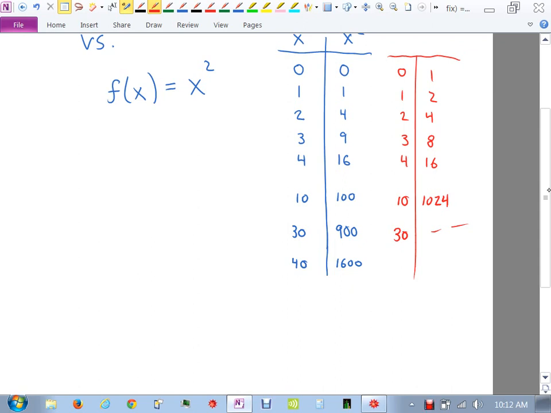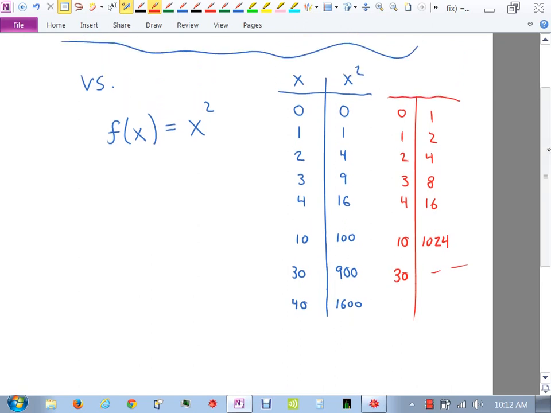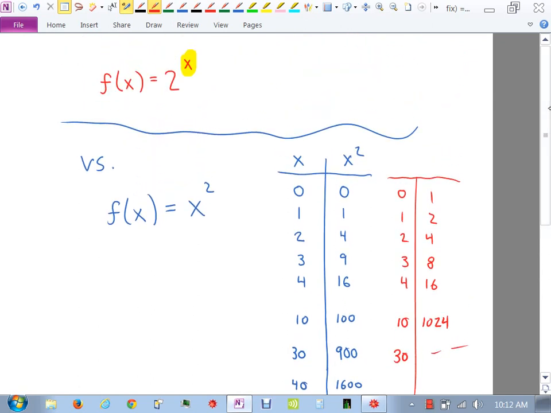They're kind of close in the beginning, but then as soon as you start getting past like about 4 or 5, the exponential function just takes off, compared to the x squared. So it's much more rapid growth. They are not the same function. That's the main thing I want you to take away from this. 2 raised to the x is not the same as x raised to the 2.